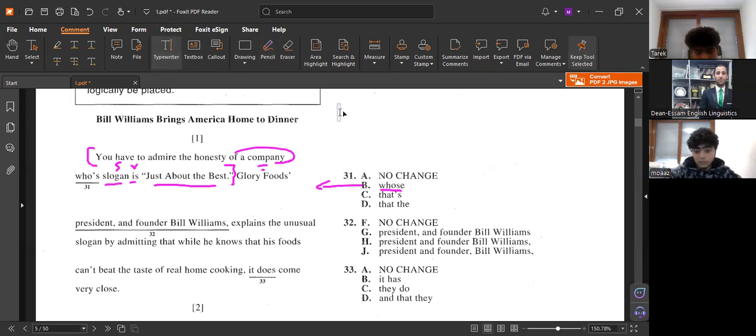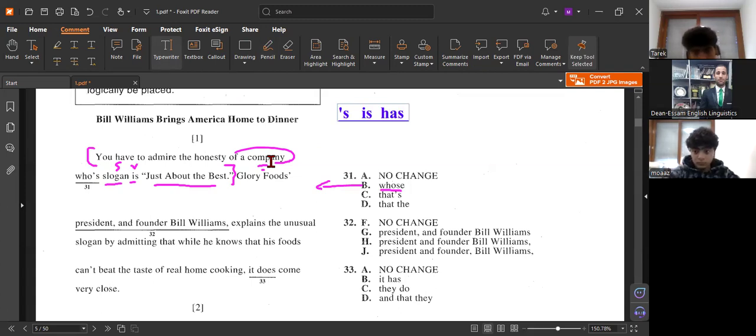Now let's check why not A. I told you before that apostrophe S can be is or has. Check both of them. Can I say a company who is? Is a company human? If you think that company, a collective noun, means people, okay, but he said here slogan. We refer to the company as an abstract noun, which means it.